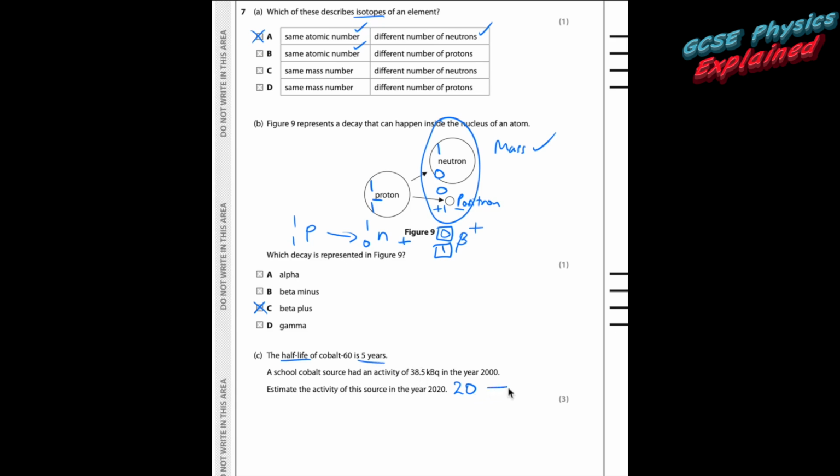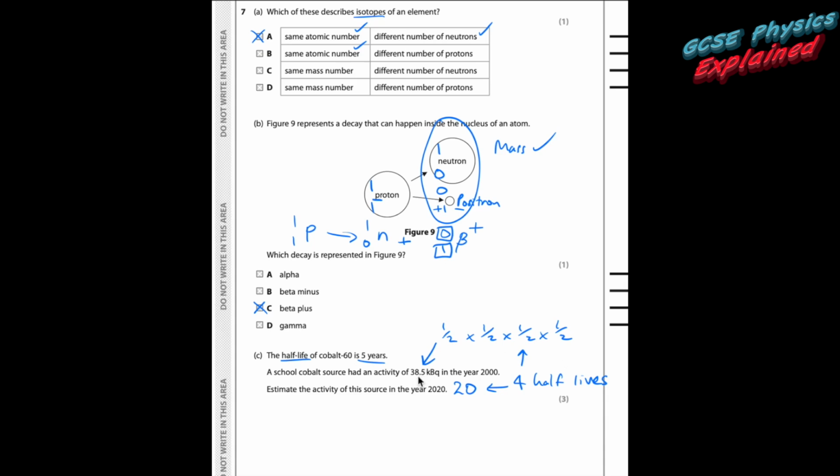So 20 years is basically going to be 4 half-lives. And we know that a half-life is the time that it takes for the activity to half. So it's basically going to half, then half again, then half again, then half again. So it's going to half 4 times.